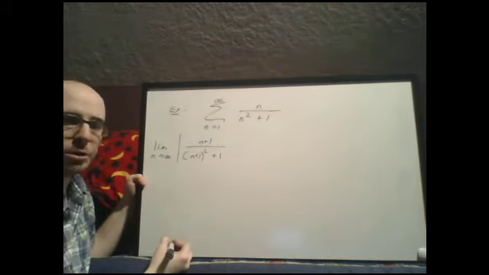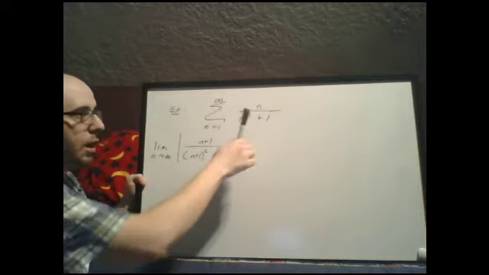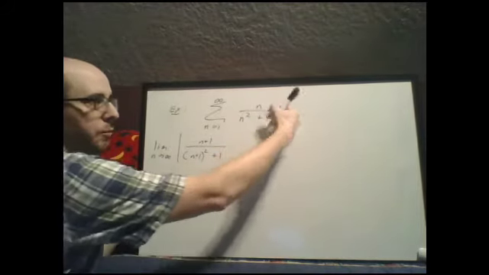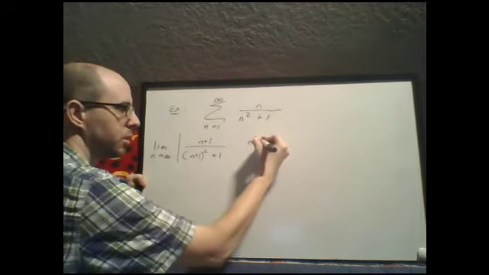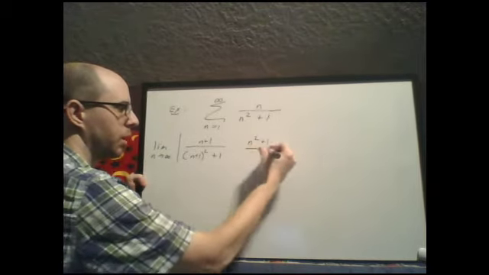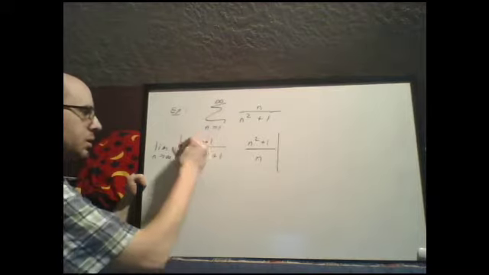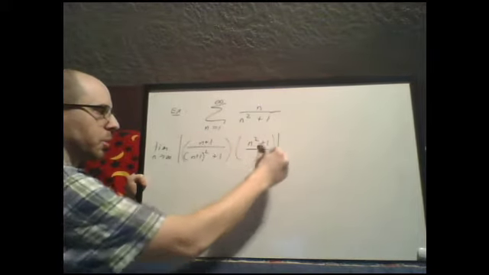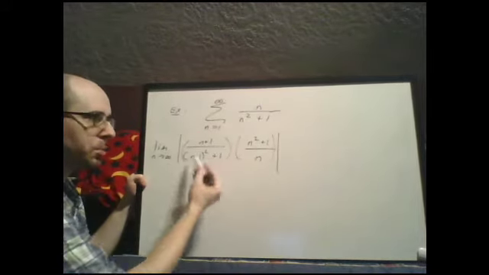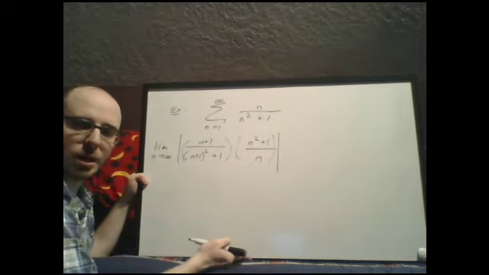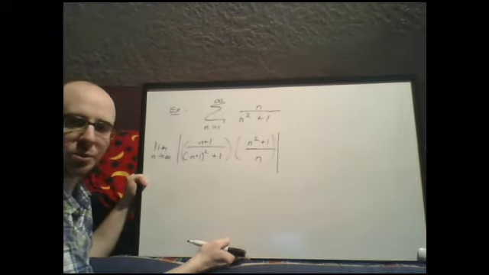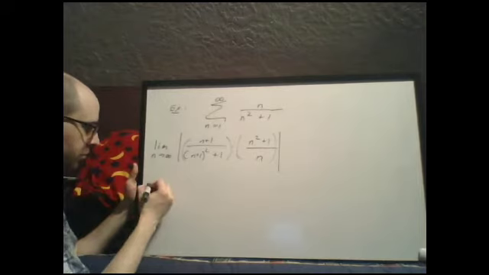Now I need to multiply by the reciprocal of the n version. So I'm going to flip this fraction: n squared plus 1 divided by n. Now, there's different ways I could approach this. I could multiply everything out and get a single rational expression.